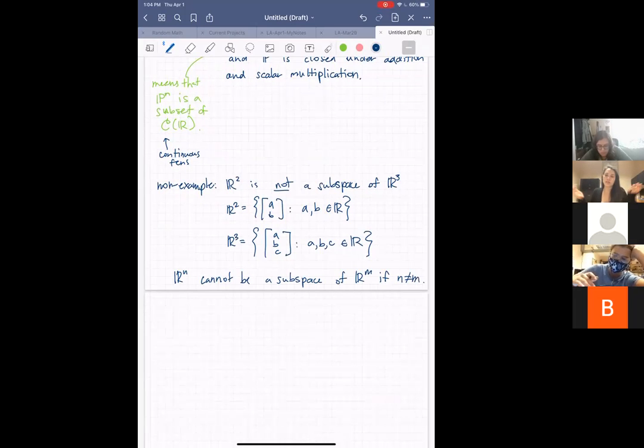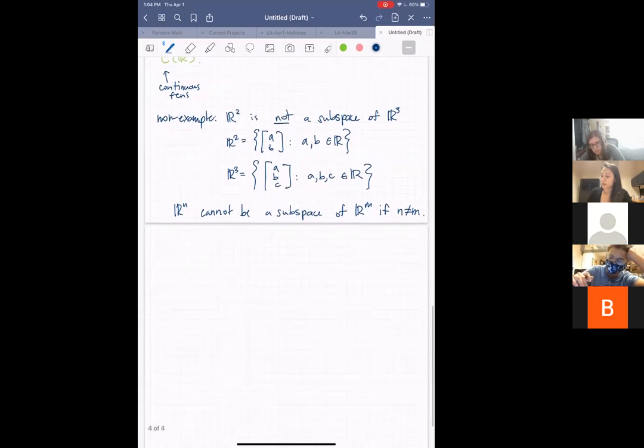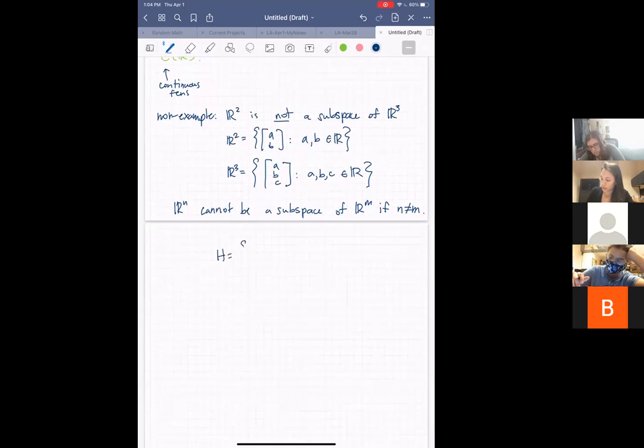And if it is equal, then they're just the same space, really. Yeah, but there's still a subspace inside of R3 that is like the same thing as R2, basically, right? Right, yeah. So if you were to take H to be just the vectors (a, b, 0), this looks like R2 sitting inside R3.